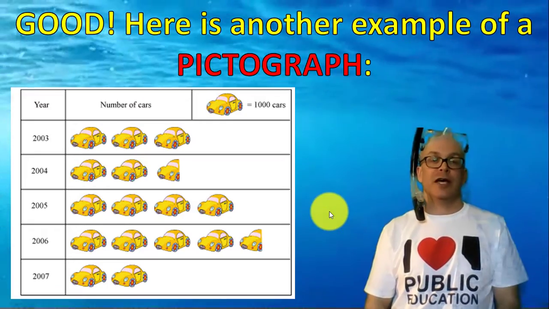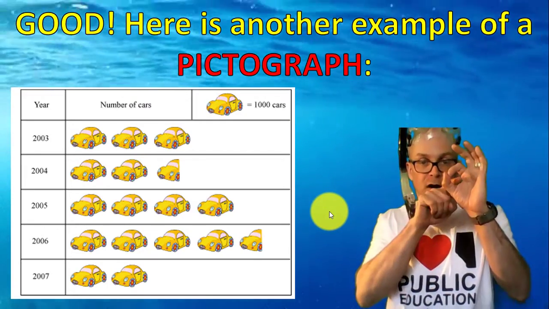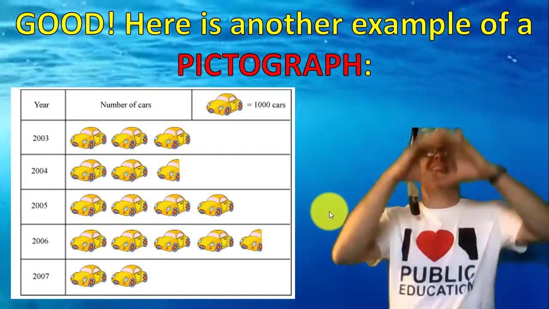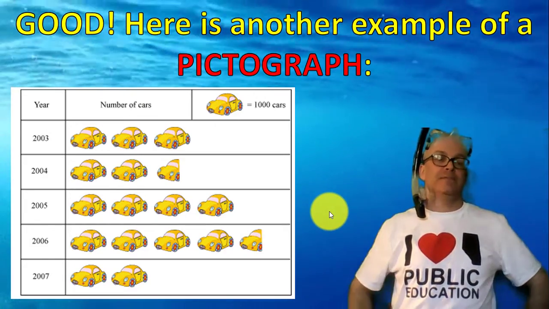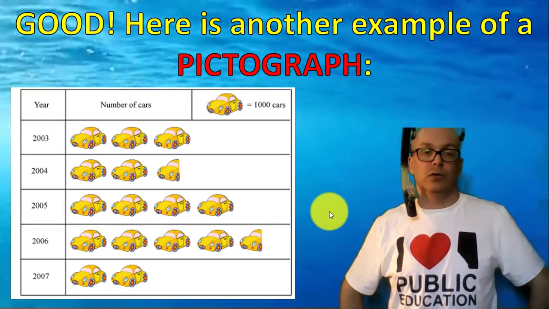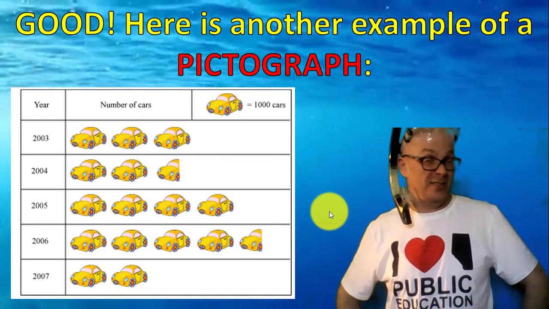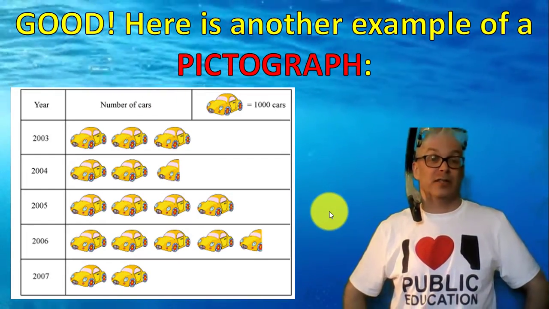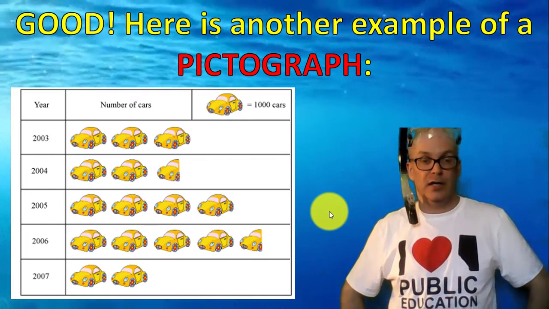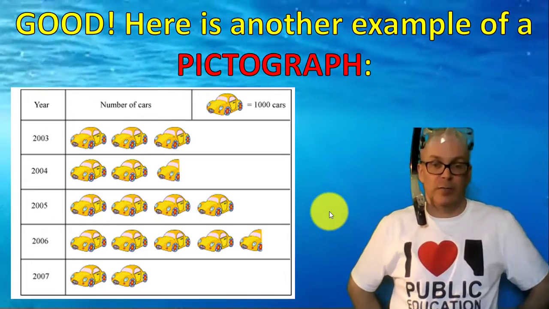What does your legend say? 1 picture of a car equals 1,000 cars. So in 2003, how many cars were sold? 3 cars? No, 3,000 cars.